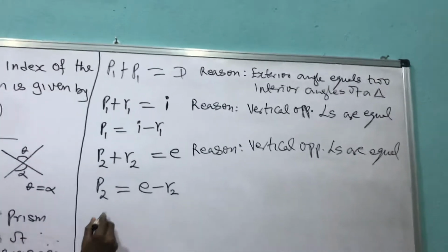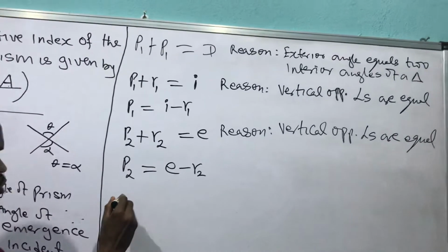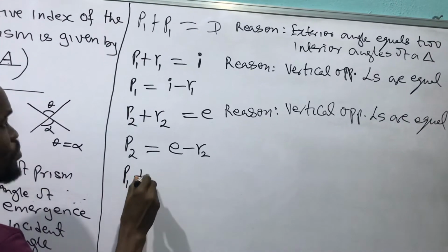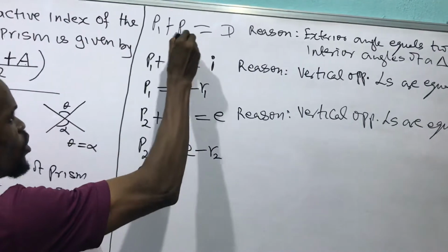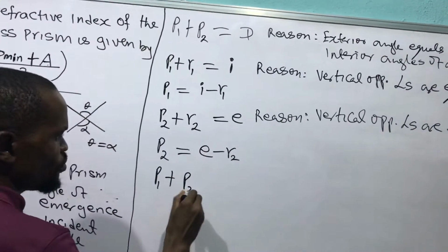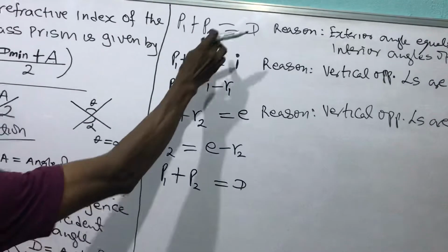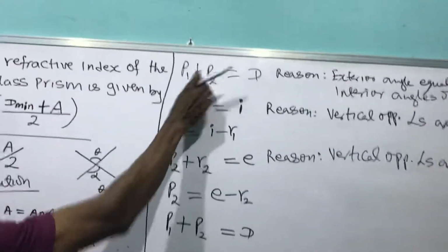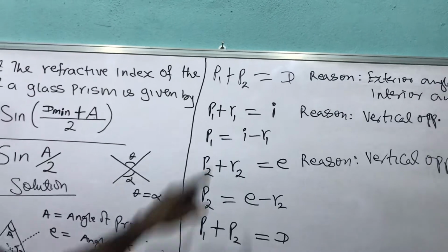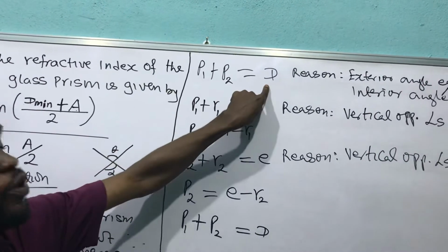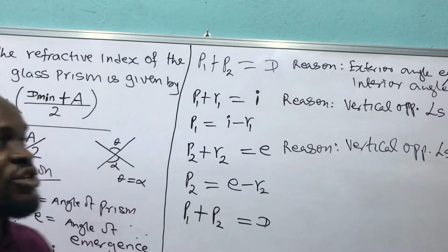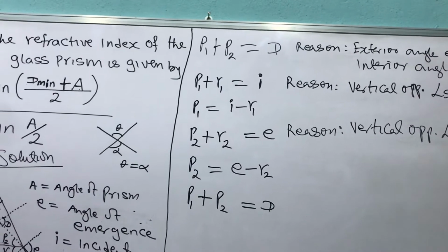But I said before, P1 plus P2 equals what? D, which we have put in before. Look up here. You say P1 plus P2 equals the angle of deviation. Reason, exterior angle equals interior angles.